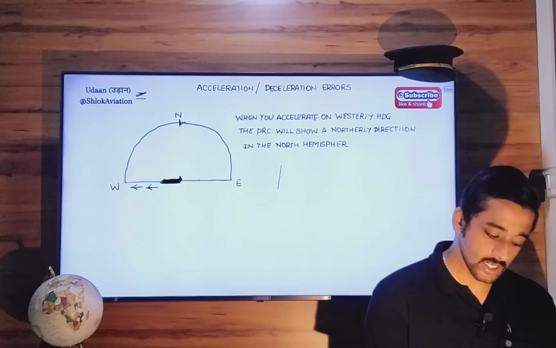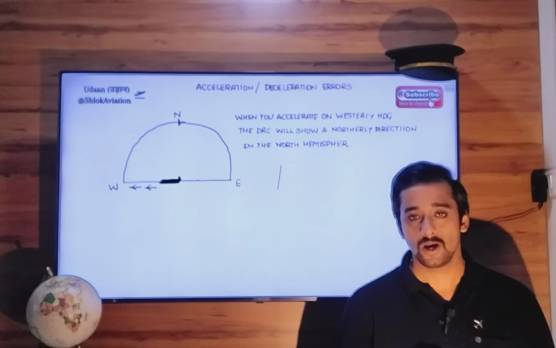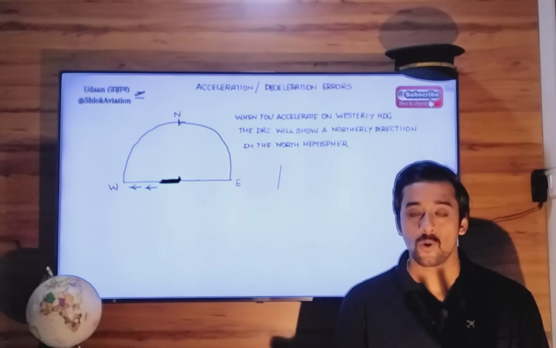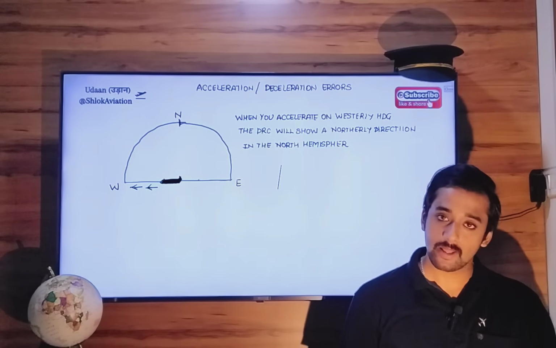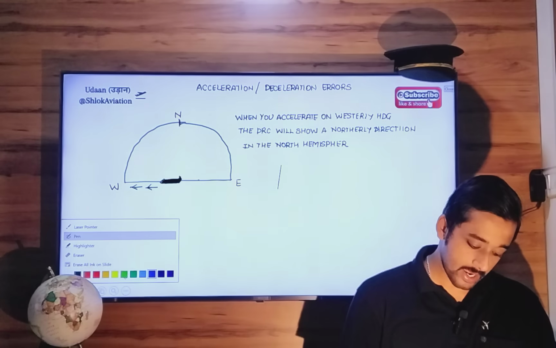So instead of showing 270 correctly, the magnetic compass will show any direction more than 270, like 300, 340, 350. Depending on your acceleration magnitude, it will tend to point towards a northerly direction, near the north pole. And for that to happen, what will happen in the magnetic compass?